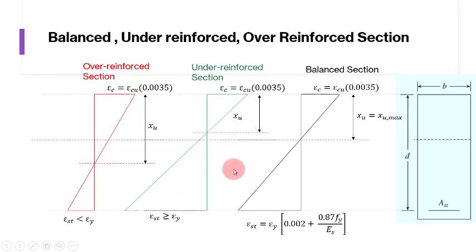This neutral axis depth can be compared with the maximum neutral axis depth to see whether the section is going to be a balanced section, under-reinforced section, or over-reinforced section. If xu is equal to xu max, the section is called a balanced section. If xu is less than xu max, the section will be under-reinforced. If xu is greater than xu max, then the section is over-reinforced.